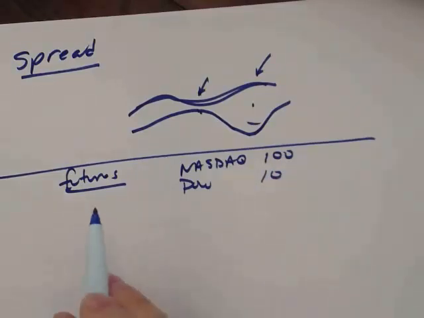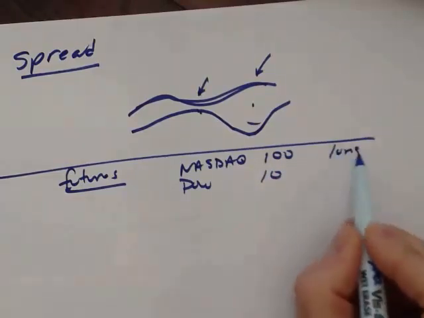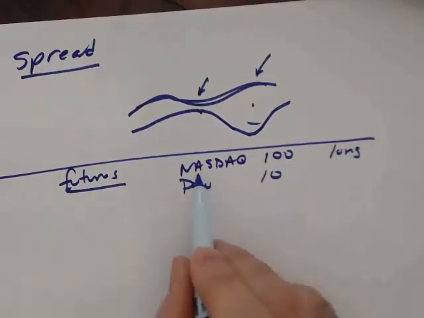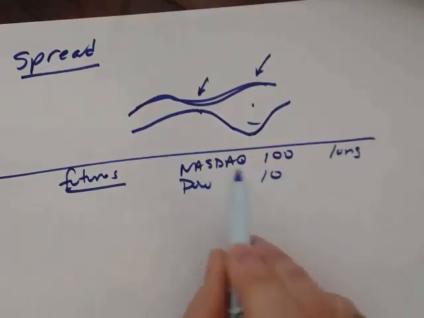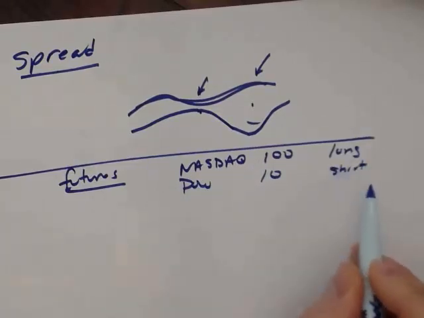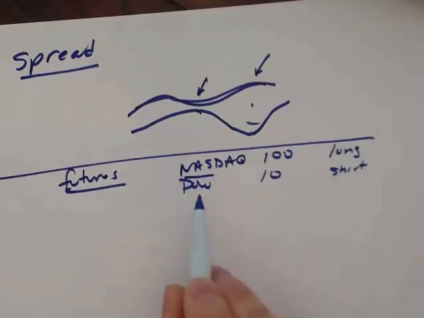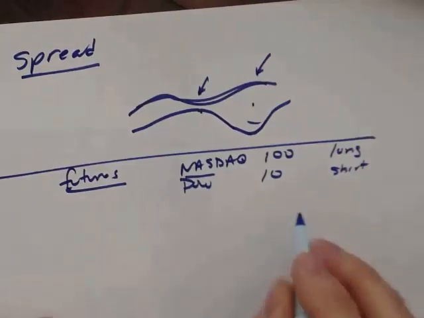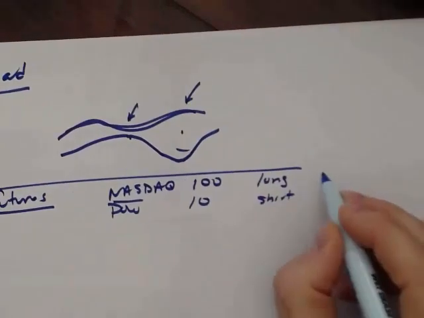So again, we're going to go long the NASDAQ because we think it's going to go up. But if we take just the long position, we're taking a ton of risk. So we also short the Dow, because we think the Dow is either going to stay flat or possibly even drop. Now let's look at the numbers.